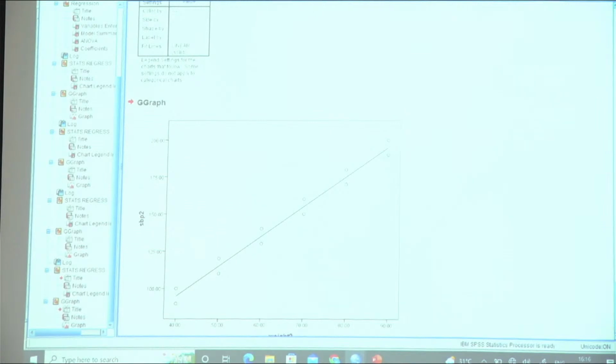Because if you remember, our equation was 15 plus 2x, right? So none of the weights were actually correctly predicted. There was an error of 5. Error of 5. If you don't remember, then I have to show it to you.